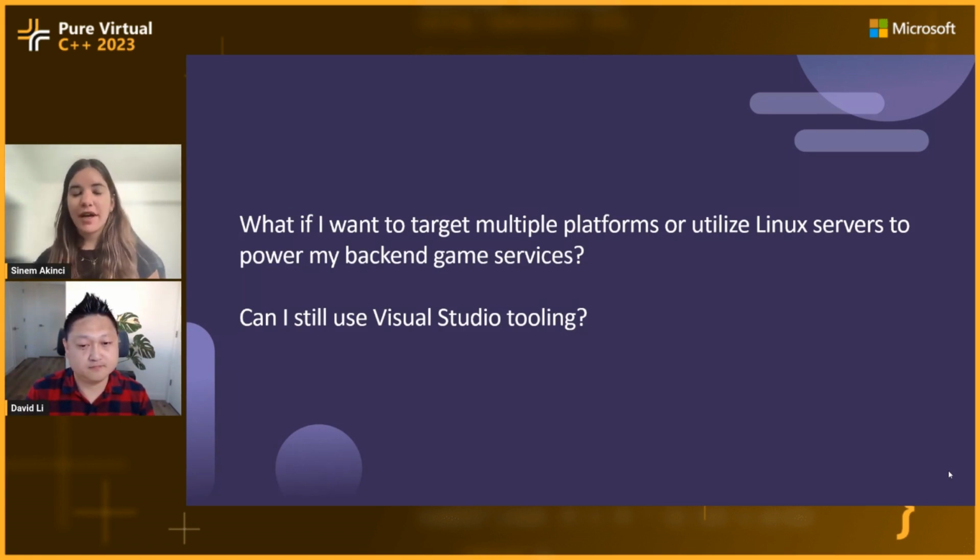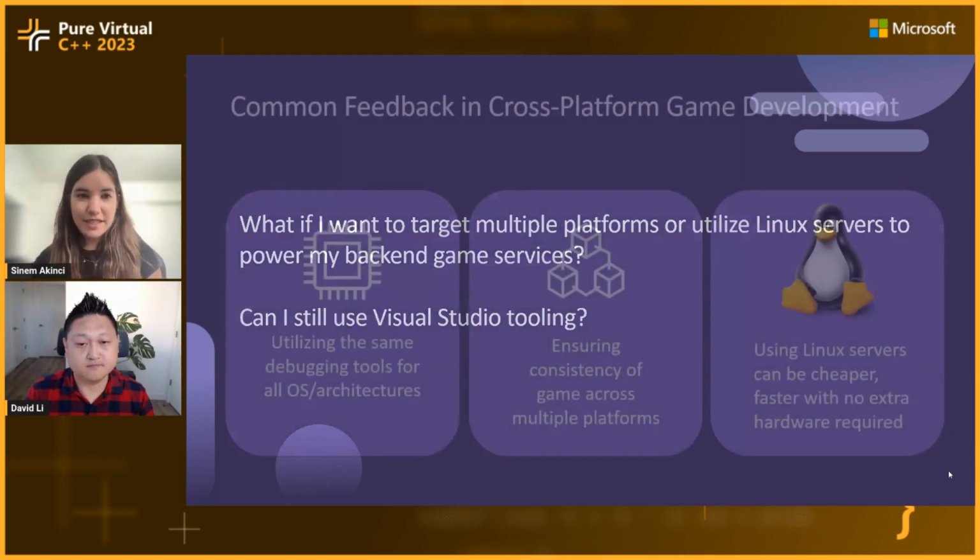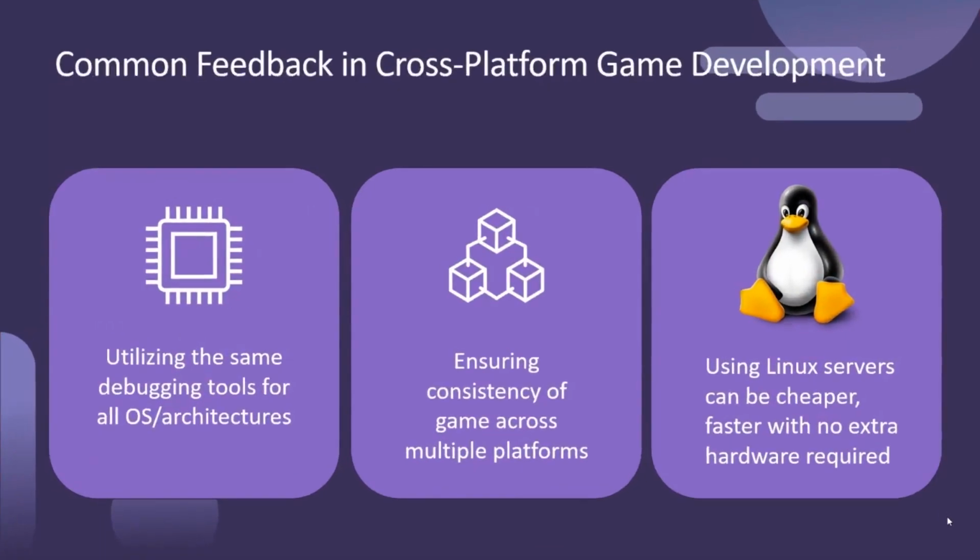So even though developers do prefer to develop on Windows and are comfortable with that and love that Visual Studio tooling, they want to make sure they're able to target multiple platforms using that same Visual Studio tooling. So some common feedback that we have received from cross-platform game developers is that they want to utilize the same debugging tools for all their different types of OS and architectures. So they don't want to spin up different types of workflows for the different OSs that they're working on.